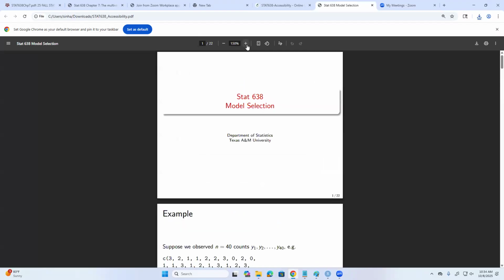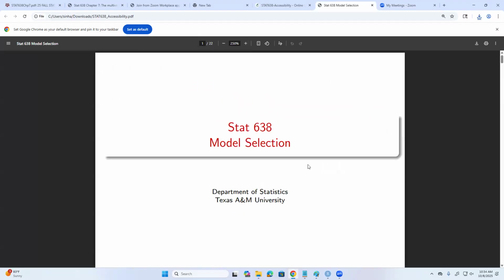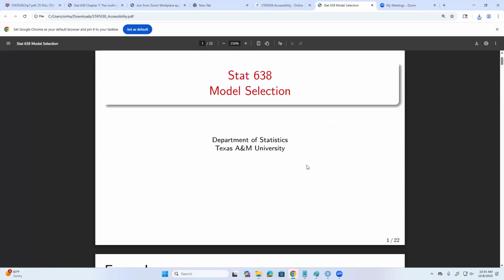Another suggestion is that I will put a LaTeX file on Canvas, and you can compile that LaTeX file. It's very easy. There are several freely available software you can use to compile it. You just have to click compile, and it will produce the PDF file.